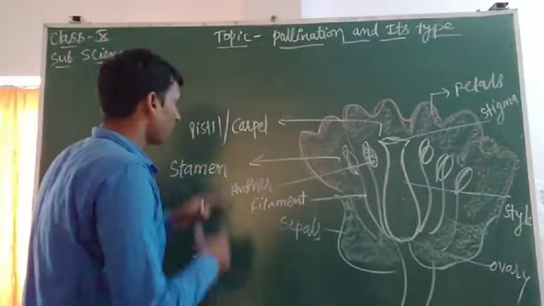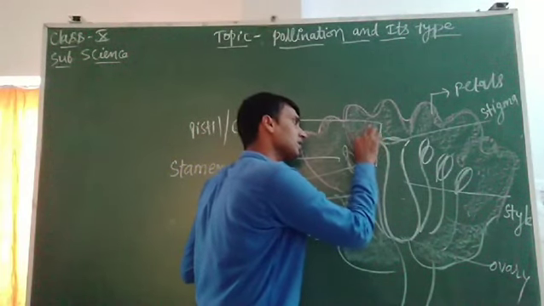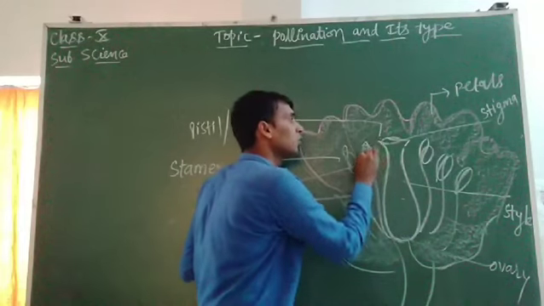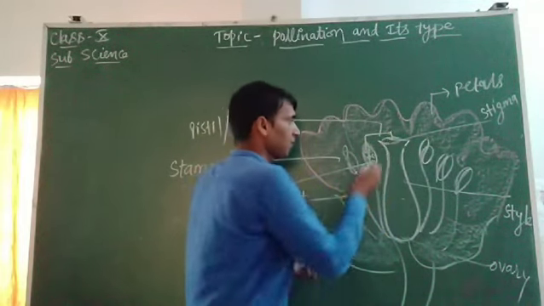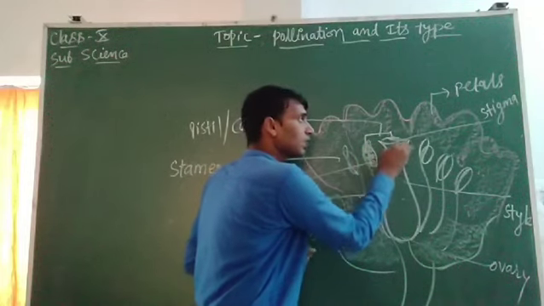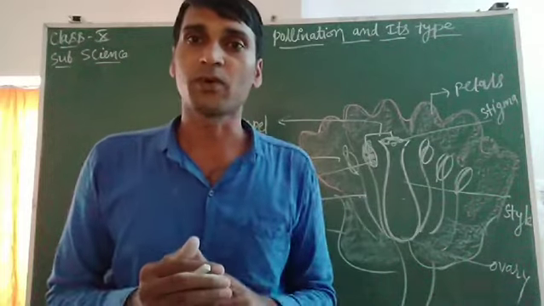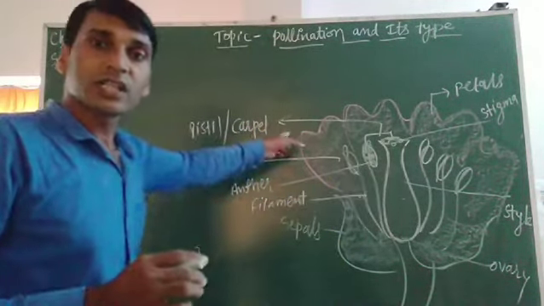So pollination is the transfer of pollen grains which form inside the anther, from the anther to the stigma. Once pollen grains form here, they enter the stigma. This process is called pollination. Pollination means transfer of pollen grains from the anther to the stigma of a carpel.